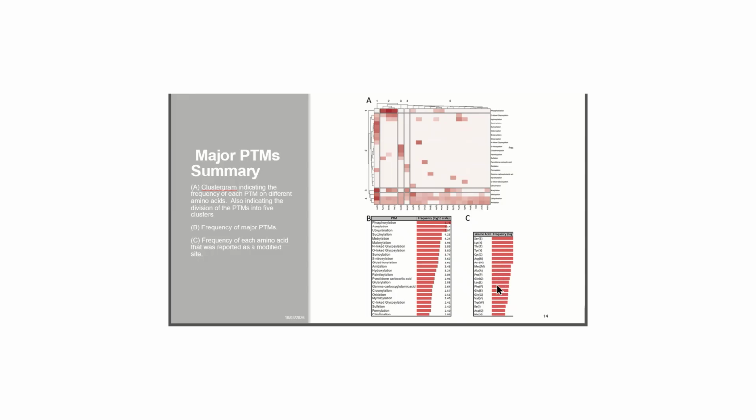So these different diagrams give more information on which type of phosphorylation is linked to each type of amino acid, and the frequency of the phosphorylation that is more occurring within the cells, and the frequency of each amino acid that was reported as a modified site, signaling site, as we mentioned.